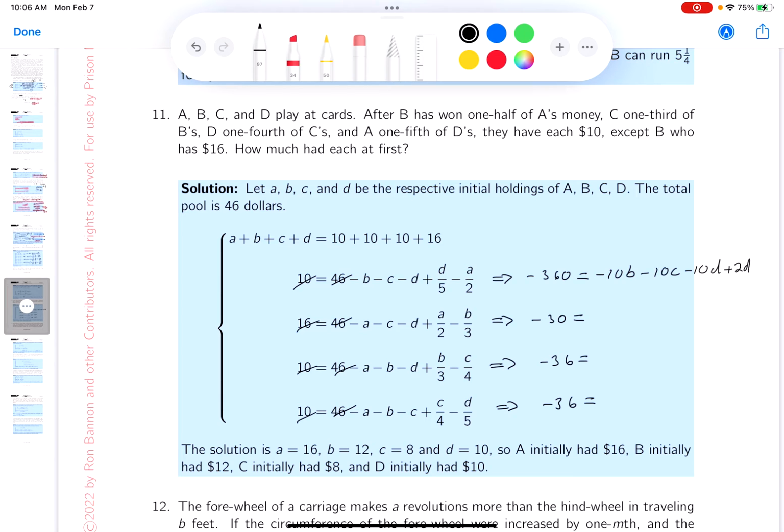Wow, I'm really jamming this in there. I want it to fit in there, nice and neat. So multiply by 10, right? So minus 10b, minus 10c, minus 10d, plus 2d. I'll clean them up later, by the way. Minus 5a.